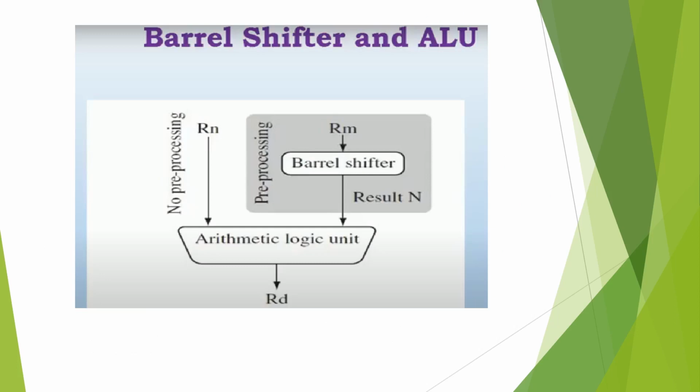Data are pre-processed in the barrel shifter, that is, shifting and rotating operations take place. The pre-processed data will come to the ALU. On the other side, the other operand data will come directly from the register to this ALU unit, computation will take place, and the result will go to the destination register as mentioned in this diagram.